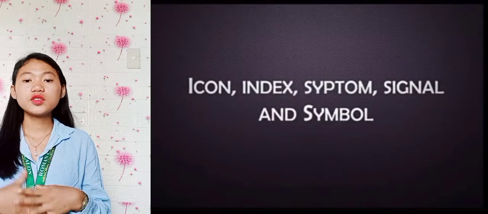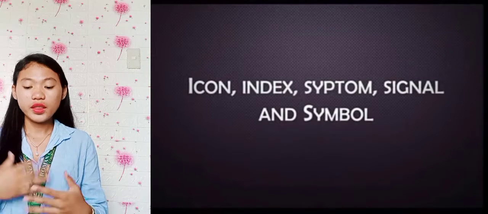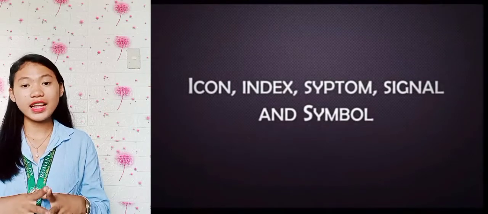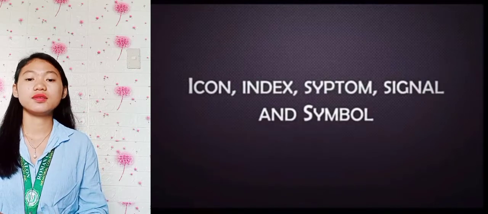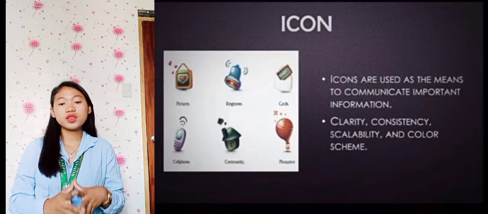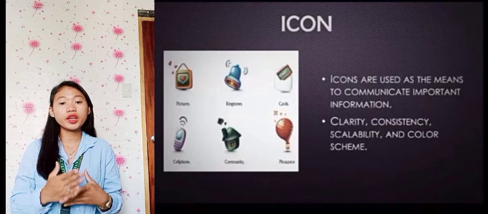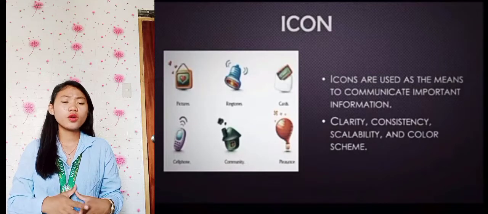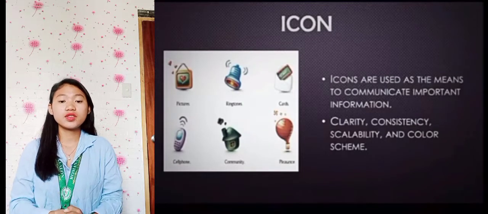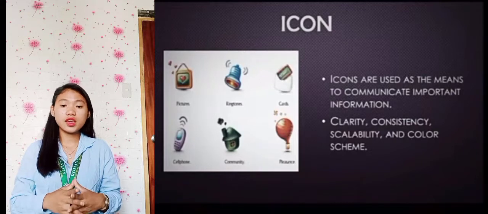Now, let's move on to the icon, index, symptom, signal, and the symbol. What is an icon? Icons are used as a means of communicating important information. There are four characteristics of an icon. First is clarity.